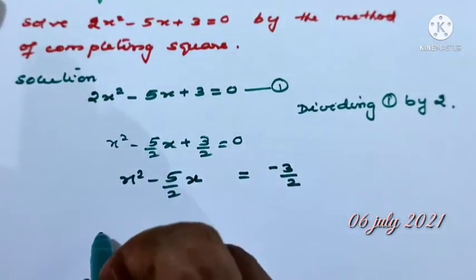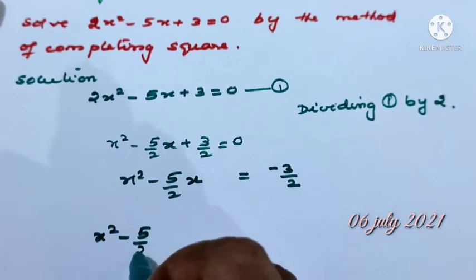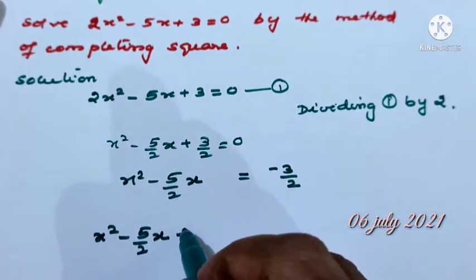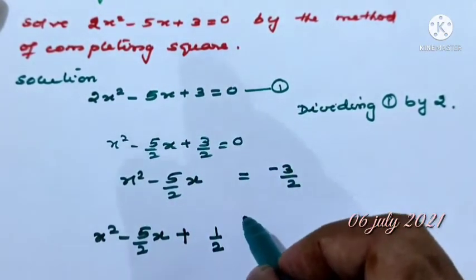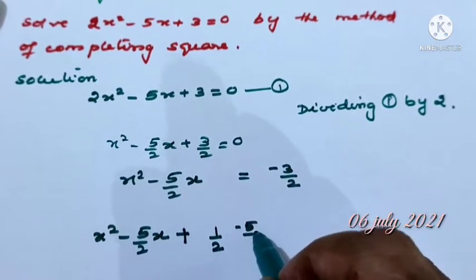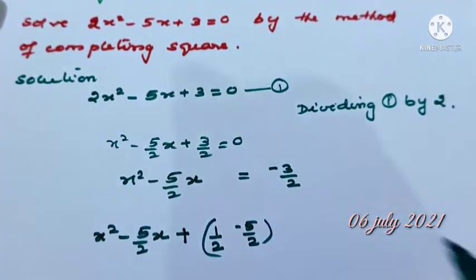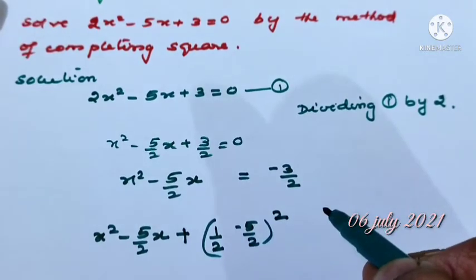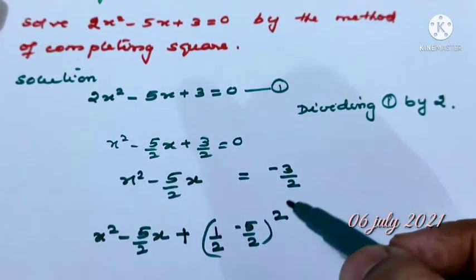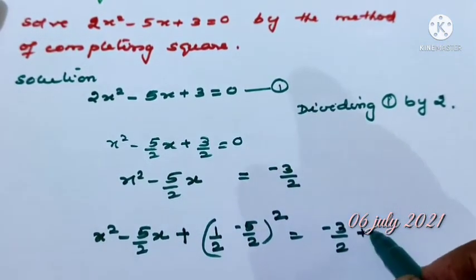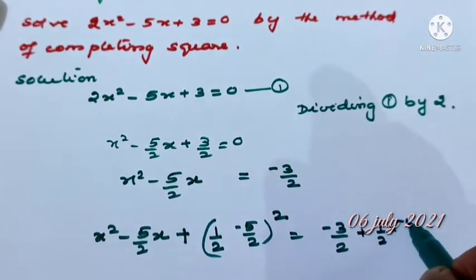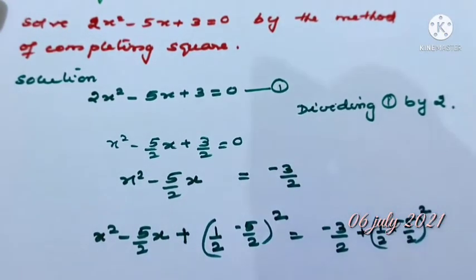Now what we should do is keep x square minus 5 by 2 x as it is, then add half of the coefficient of x, that is minus 5 by 2, its square, on both the sides. So minus 3 by 2 is already there, and I should write half of minus 5 by 2 whole square. What we have done: added the square of half of the coefficient of x on both the sides.